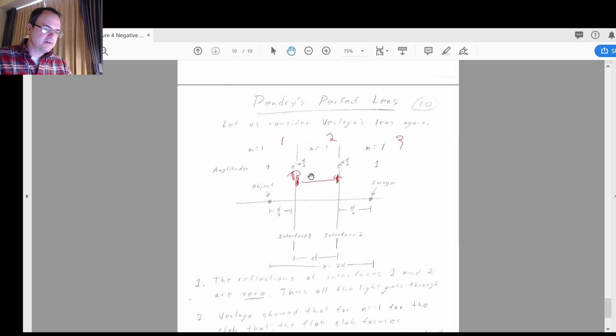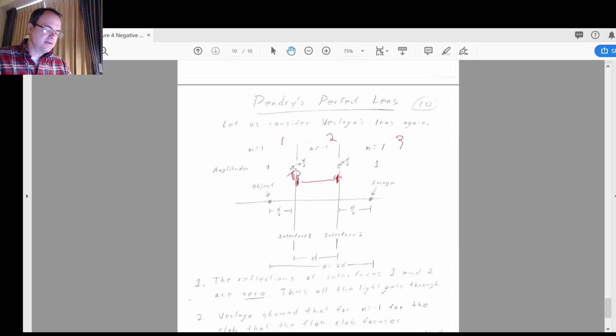But then, as it goes through the material, it is exponentially growing such that it picks up a total of e to the alpha d of additional magnitude. That's multiplied to this. All right.